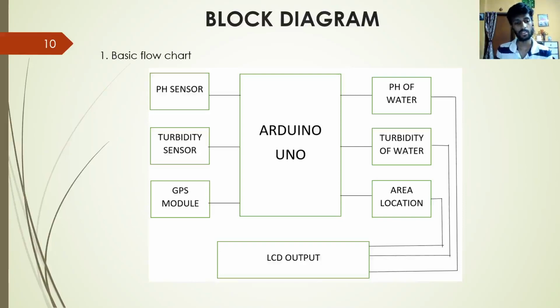It is not necessary, or even possible, to always take a laptop with the Arduino to see whether the pH of the water is alright by checking the serial monitor. So what we'll do is connect those outputs to an LCD screen, which will show the output.